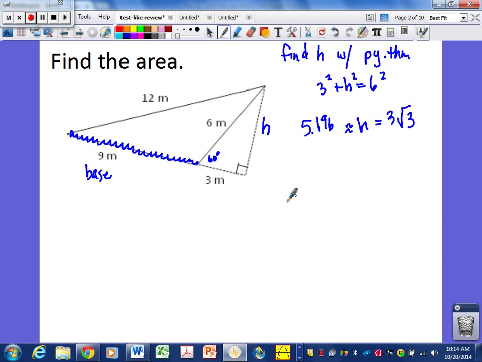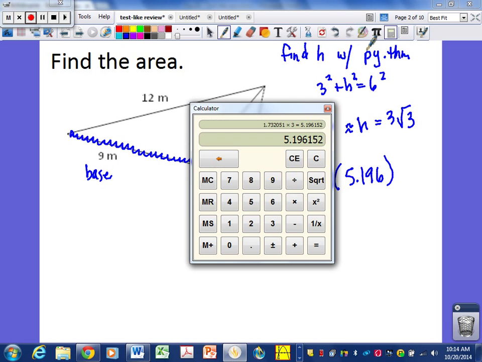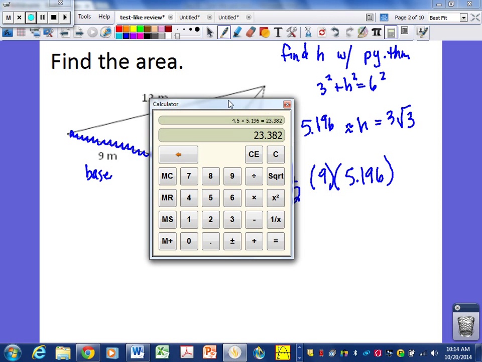So no, you do not need to know this was 60 degrees in order to figure out this is 5.196. But now that we know that, area is equal to 1/2 of the base times the height, which is 4.5 times 5.196. This is already 1/2 of the base, so I already halved 9.